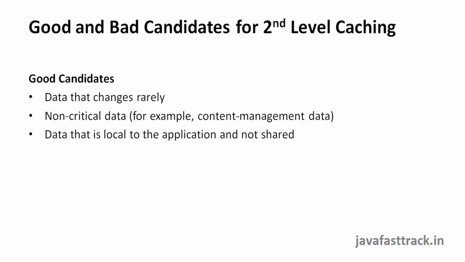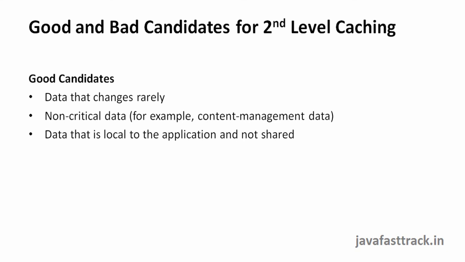If data is not at all going to change, like what I told in the case of the names of the countries, the names of the states, etc., you can cache it. Non-critical data means data which is not financial or money related.